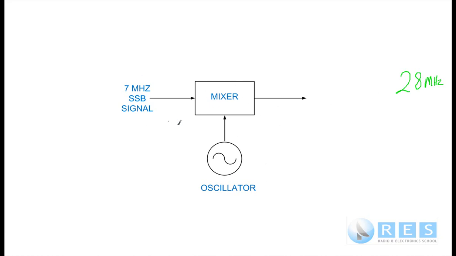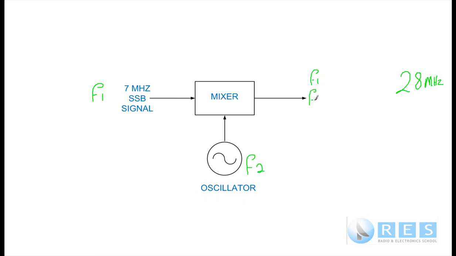Let's have a look. Before, we fed F1 and F2 into the mixer. F1 is now the 7 megahertz signal that we want to change the frequency of, and F2 is the oscillator. Suppose we put the oscillator on, and in the output here we're going to have F1, we don't want that, we've already got it.